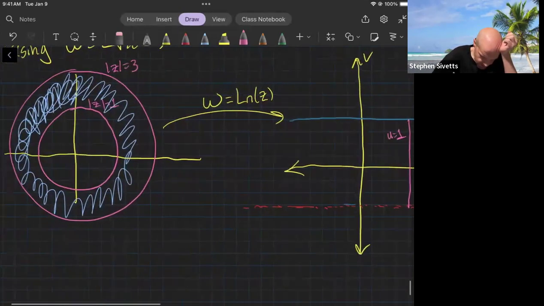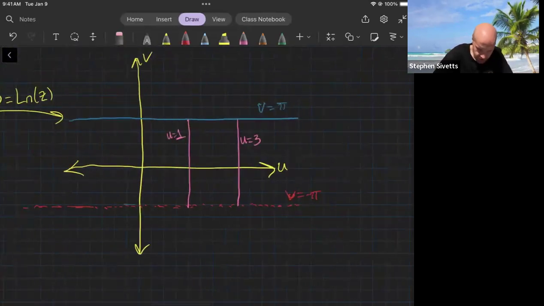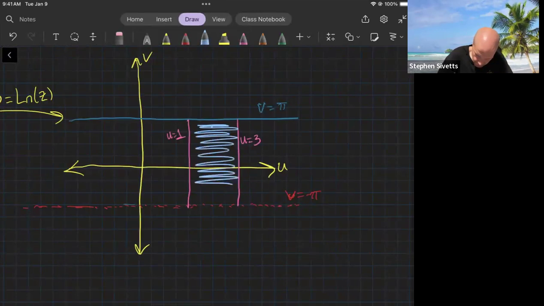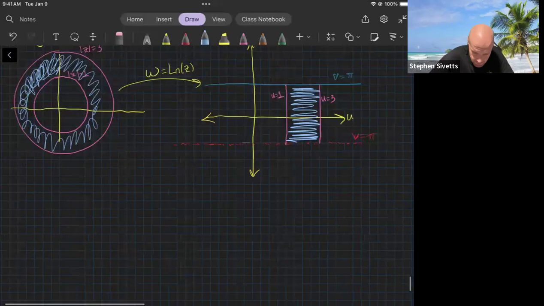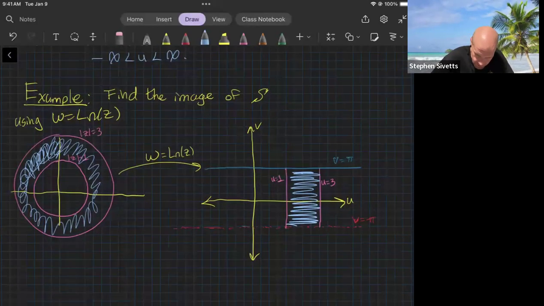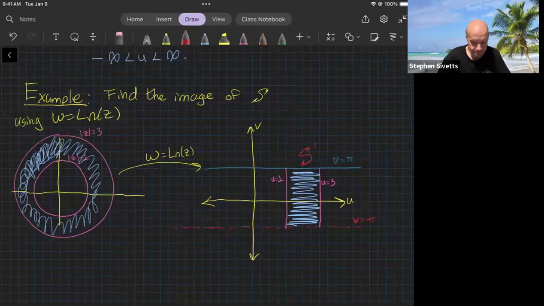And we want the region that's in between. So literally it's just this strip here in the UV plane. This is the image S prime in the UV plane.